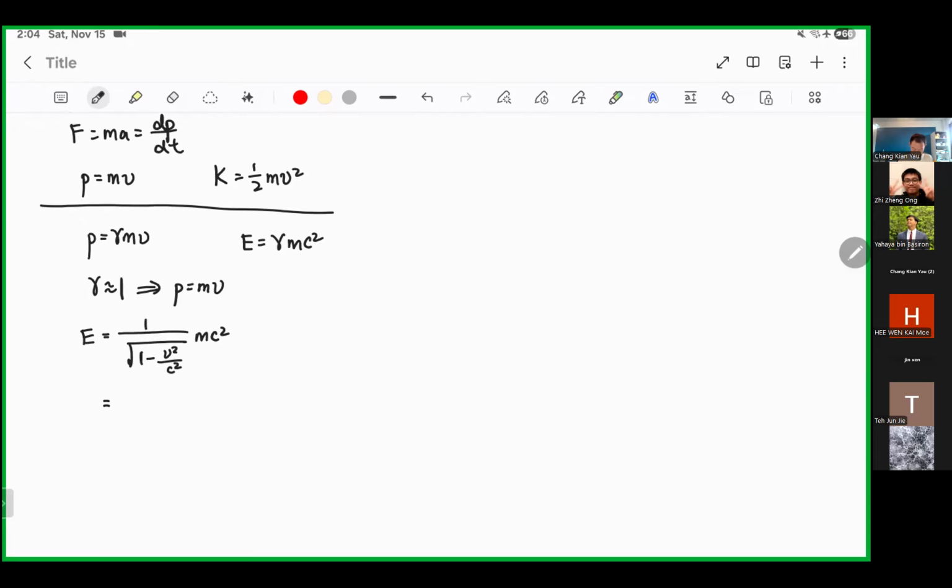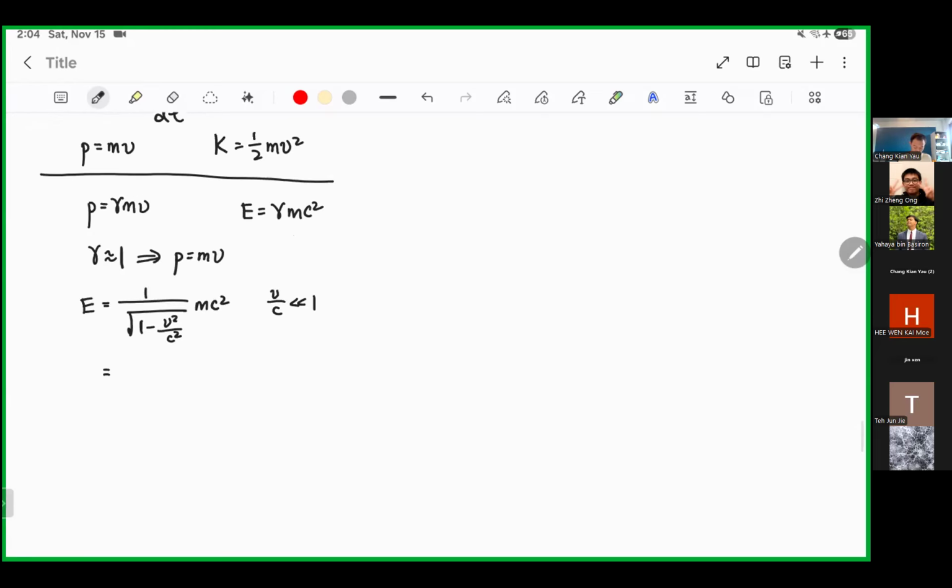Now, in the non-relativistic case, this thing, v squared over c squared, is so much smaller than 1, so I can write it in a way that makes it more appealing. We can technically do a binomial expansion.